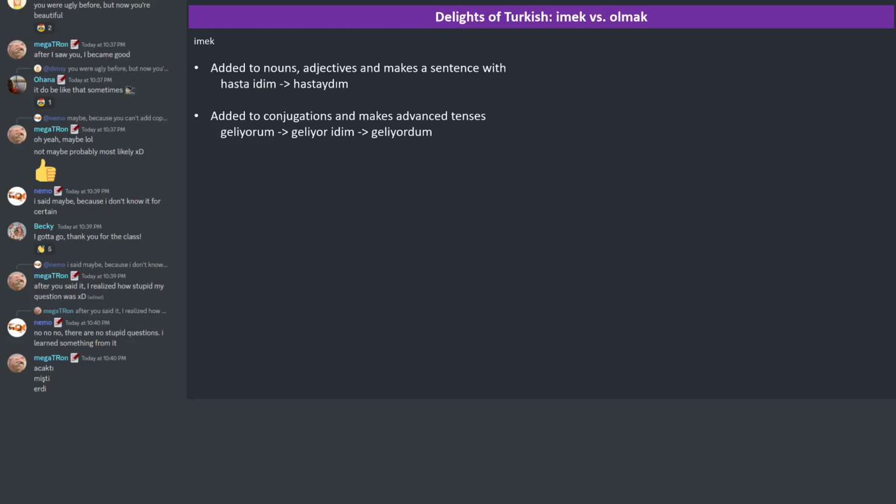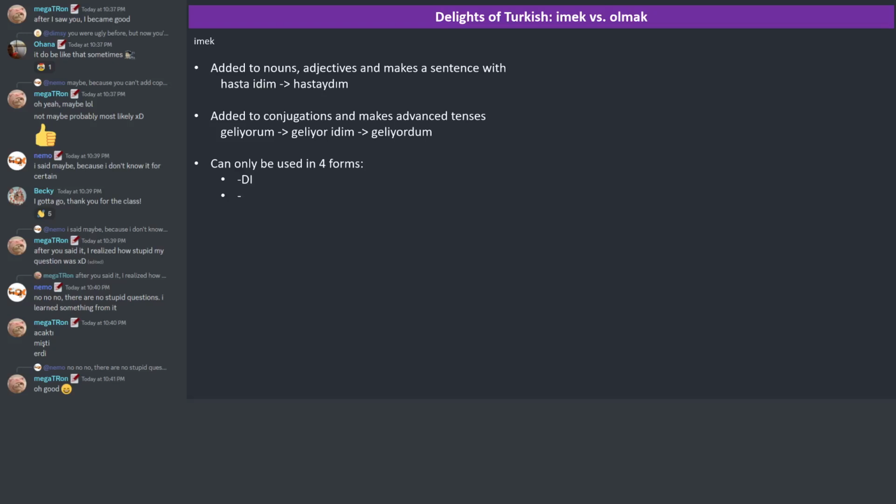And the imek is used with nouns, adjectives, or with other verbs to make them advanced, like other conjugations, and can only be used in four forms. These are the only possible forms: the past tense, the mış past tense, the conditional sa, and sometimes the adverbial. It can only be used with these forms, with these suffixes.